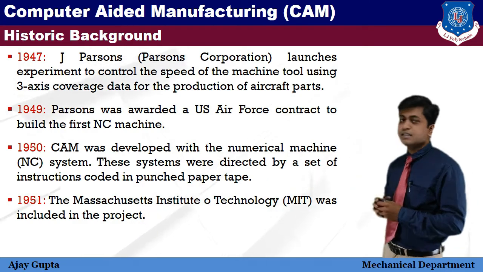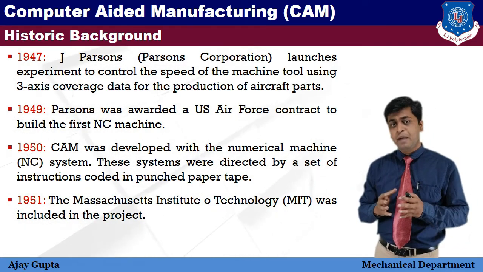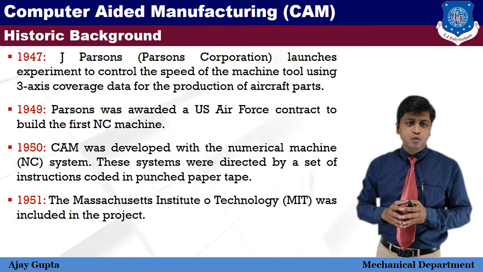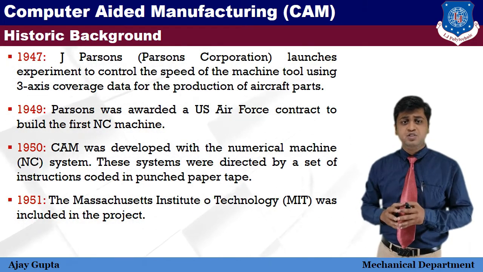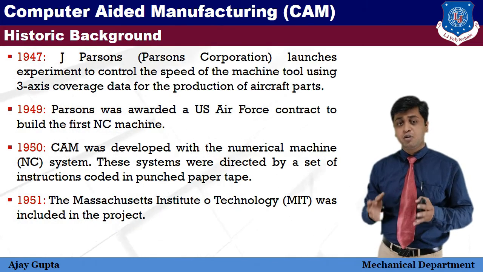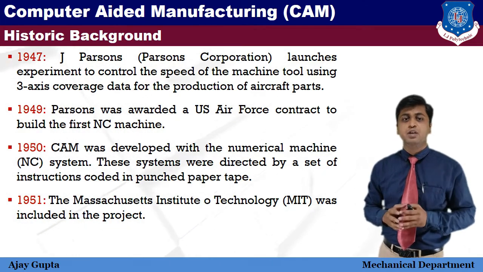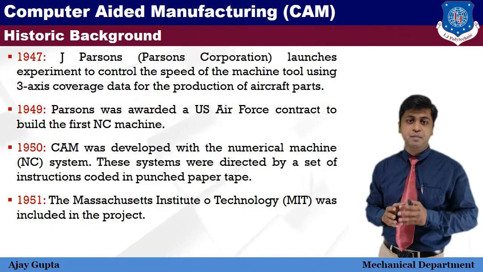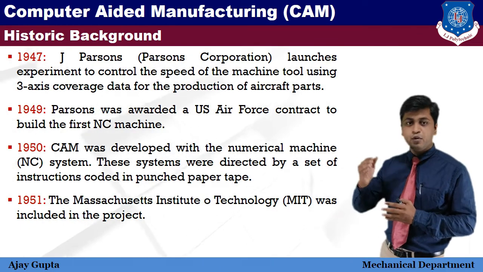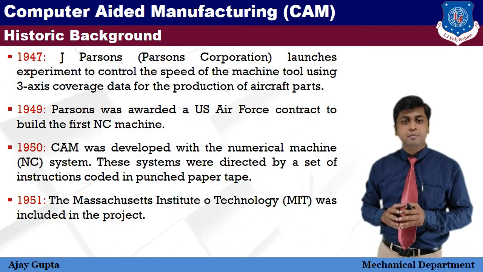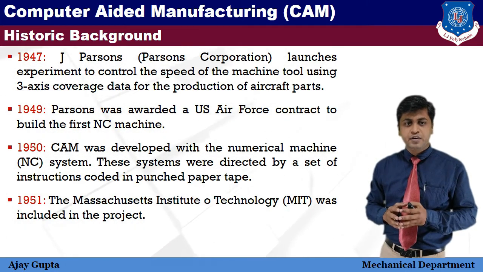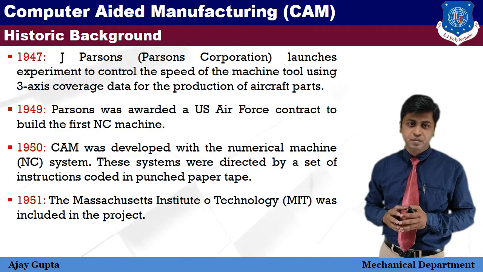So now let's see the historical background of computer aided manufacturing systems. Firstly, in 1947, Parsons Corporation launched an experiment to control the motion of a machine tool using 3-axis data for the production of aircraft parts. Then in 1949, Parsons was awarded a US Air Force contract to build the first NC machine.